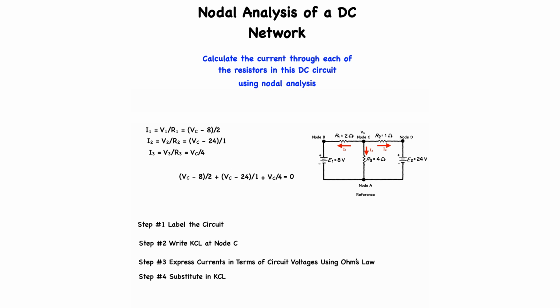Removing the denominators by multiplying the equation by 4 gives us this equation. Removing the brackets and bringing all of the unknowns to the left-hand side of the equation gives us this, which reduces to this, and this simple equation can be solved to obtain VC, which is equal to 16 volts.